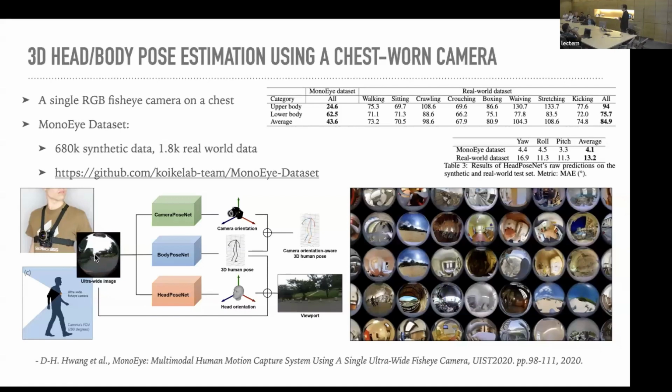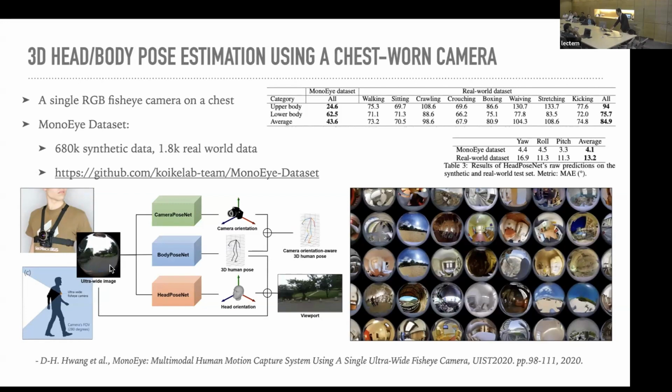Unlike normal action cameras, we attach an ultra-wide fisheye lens on this action camera, which has a 280-degree field of view. So it can capture his face and hands and legs as well.